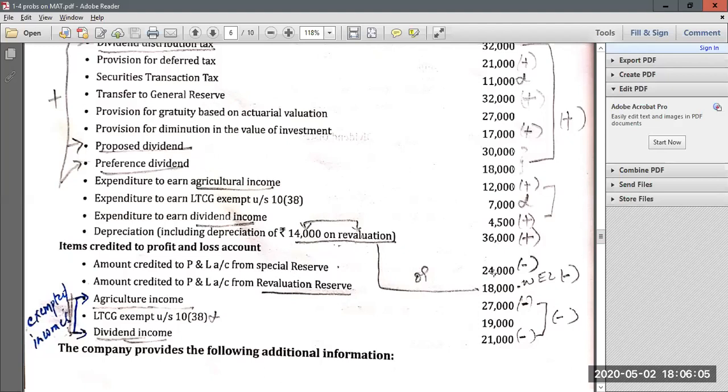So this 24,000 is the withdrawal from special reserve, so you have to deduct 24,000. Then the second point, amount credited to P&L account from revaluation reserve. That means they are also withdrawing a certain amount from revaluation reserve. Whenever there is withdrawal from revaluation reserve, that amount should be compared with the depreciation on revaluation of assets. So this 18,000 should be compared with 14,000, and whichever is less should be deducted. Between 18,000 and 14,000, 14,000 is lesser, and that should be deducted from net profit.